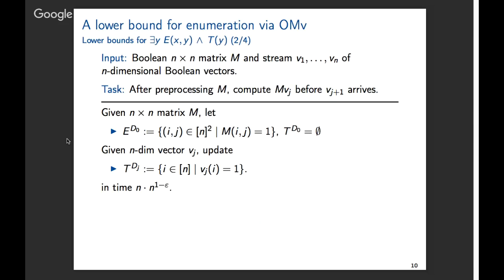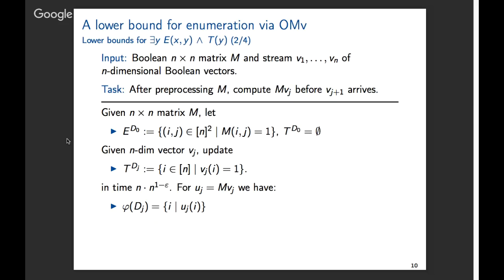We update relation T so that the vector V is the characteristic vector of the set. We can do this because we have only n numbers, in n times our assumed update time, n to the 1 minus epsilon.